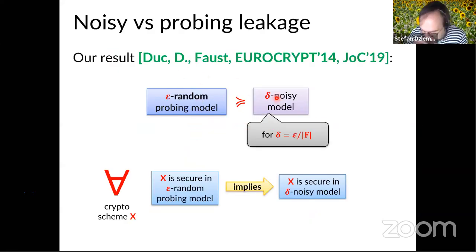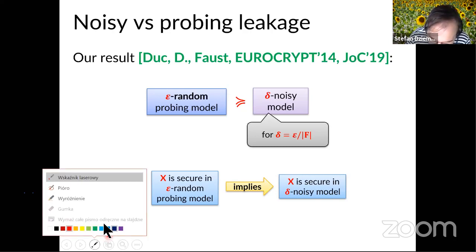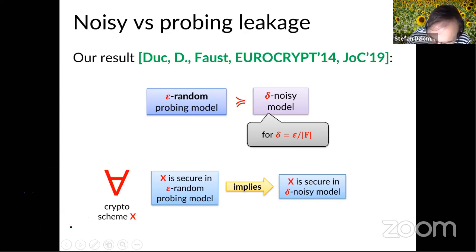And now the question is if you can get the inequality in the other direction. If you get both for the same delta and epsilon, that would mean that the reduction is completely tight, right? So if you go back and forth, you would arrive with the same epsilon.